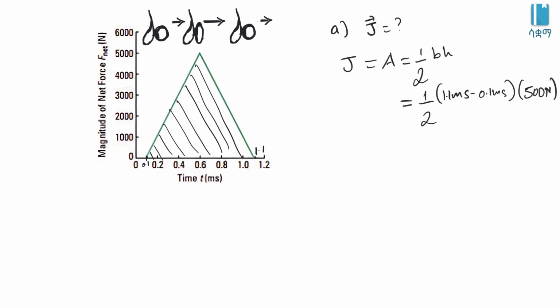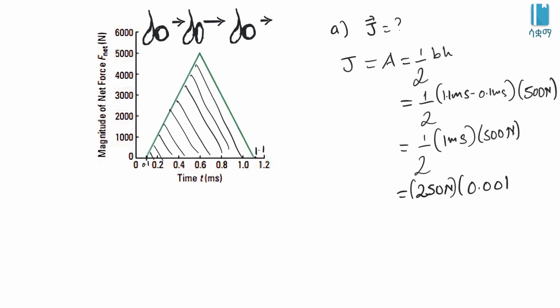500 Newton. So rearranged, 1/2 times 1 millisecond times 500 Newton. This is simply equivalent to 250 Newton times 1 millisecond, which is 0.001 second, because it means 1 divided by 1000. When you multiply, Newton is kilogram meter per second squared.